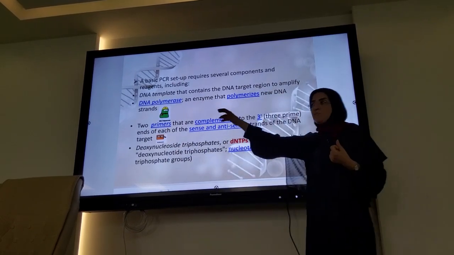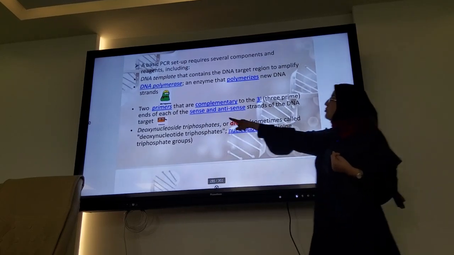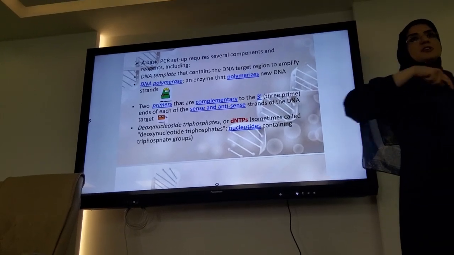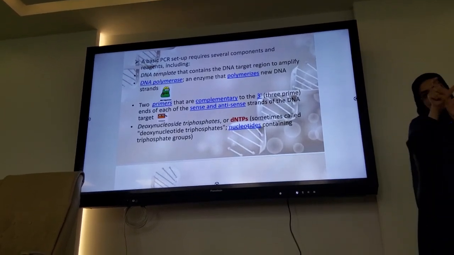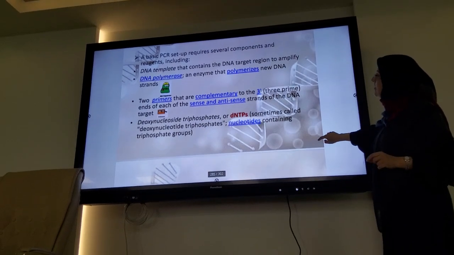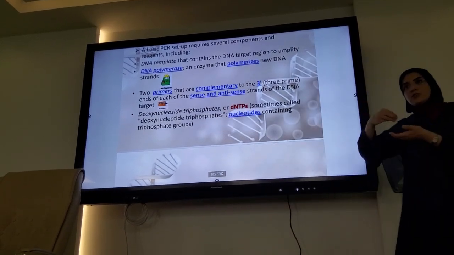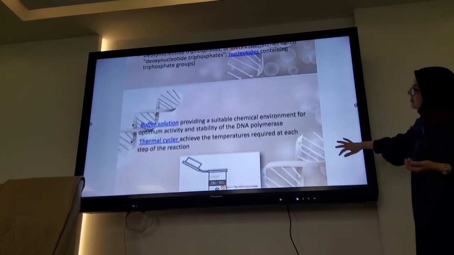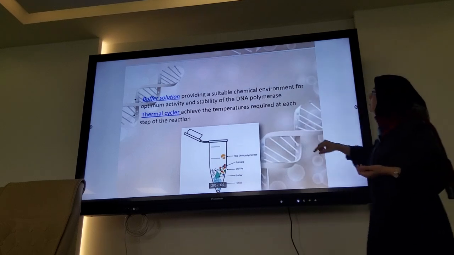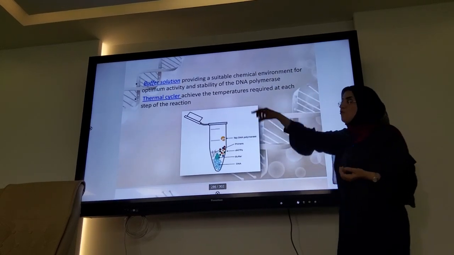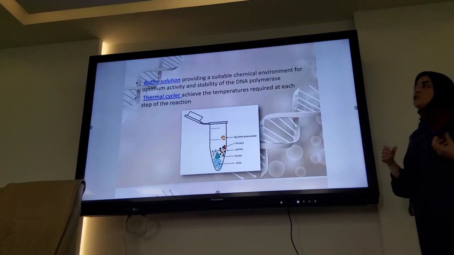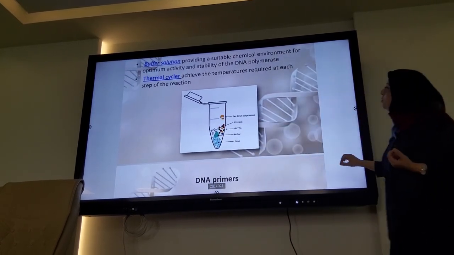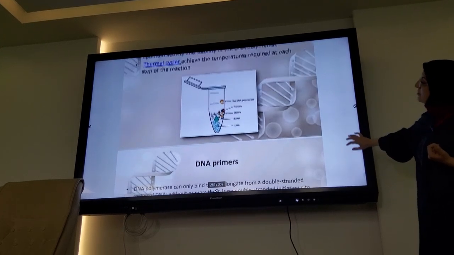We need a primer to say to DNA polymerase, come on here, you should bind to this part of DNA. We need nucleotides to make another strand of DNA. We need buffer solution to optimize the activity in this tube, and we need a thermal cycler.